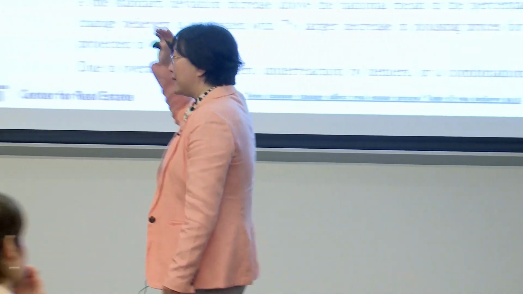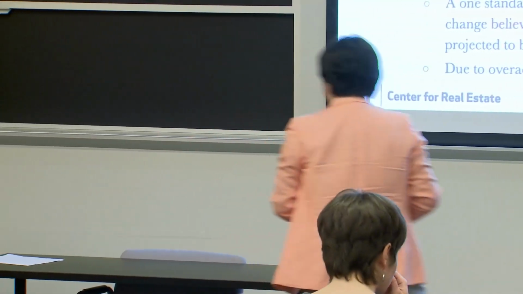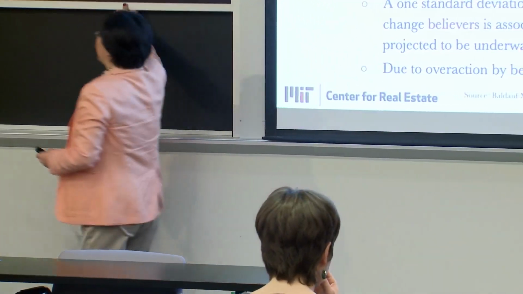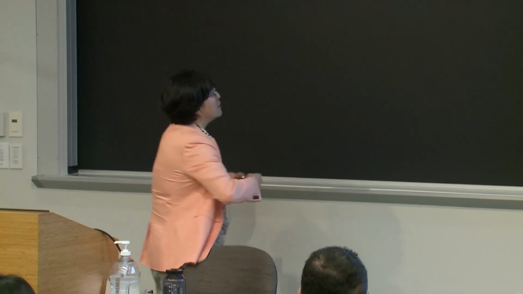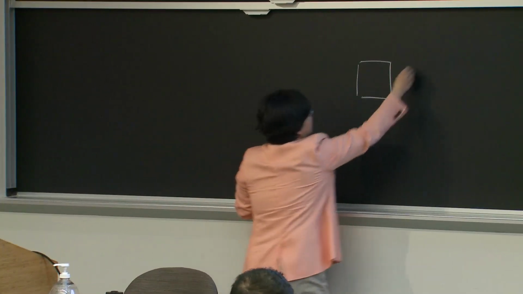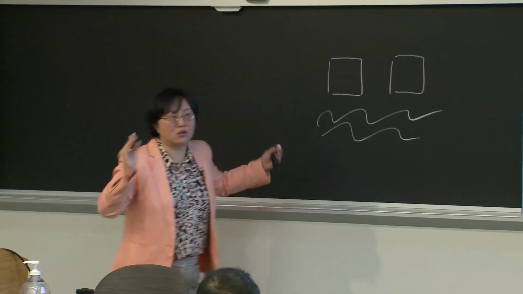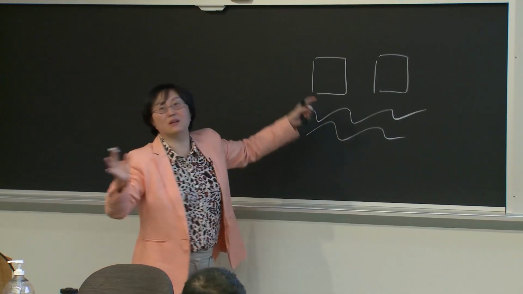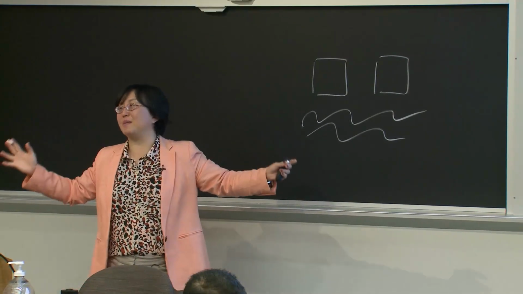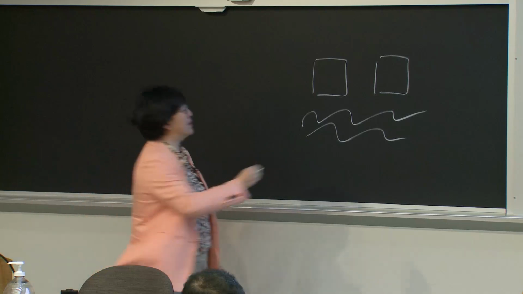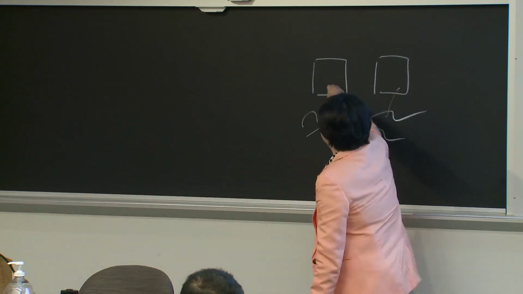So which means, for those two, remember, apple to apple. If there are two communities, and this is the ocean. These two communities are both on the coast, with the same objective climate risk, the flooding risk is the same.